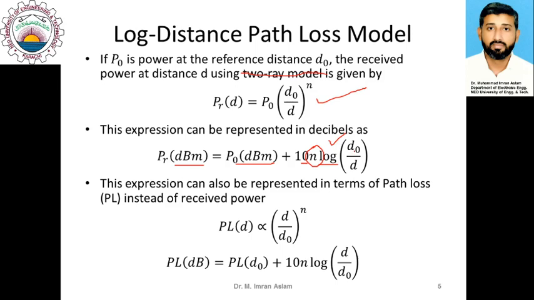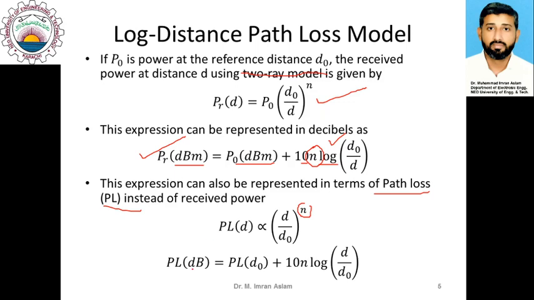An alternate expression for the same case is with respect to the path loss instead of received power. You can see that the above expression is actually related to received power. If we represent the same thing in terms of path loss, because path loss has the reverse behavior of received power. When the path loss is increased, the received power would get decreased. So path loss is actually proportional to d upon d naught raised to power n.